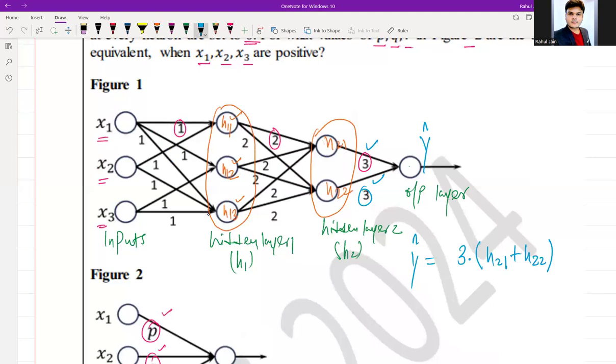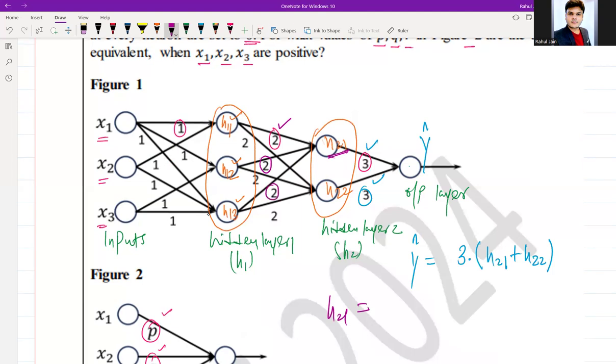Now, if I want to write the equation for H21, then H21 is obtained with weight 2 associated with H11, weight 2 associated with H12, and weight 2 associated with H13.